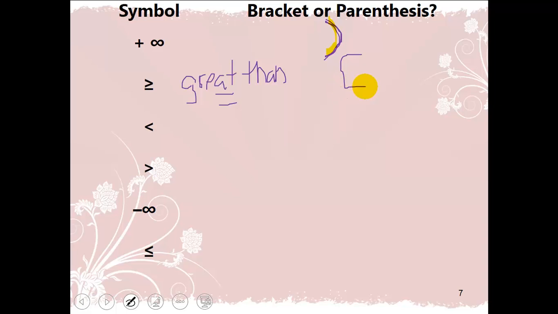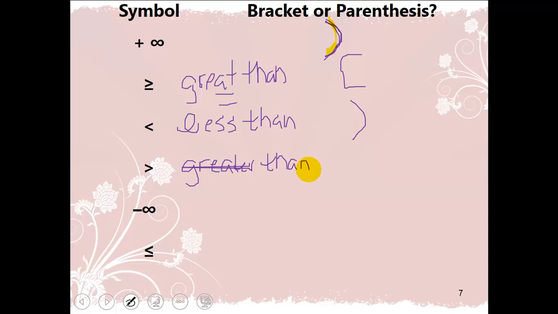With a less than, you're going to use a parenthesis. With a greater than, you're going to use a parenthesis. With a negative infinity, you're going to use a parenthesis. And with a less than or equal to, you're going to use a bracket.